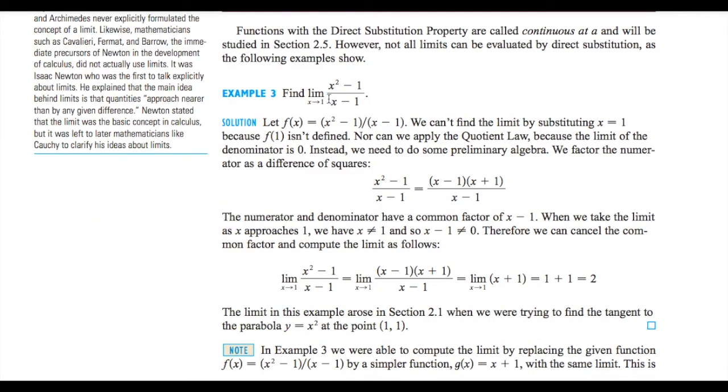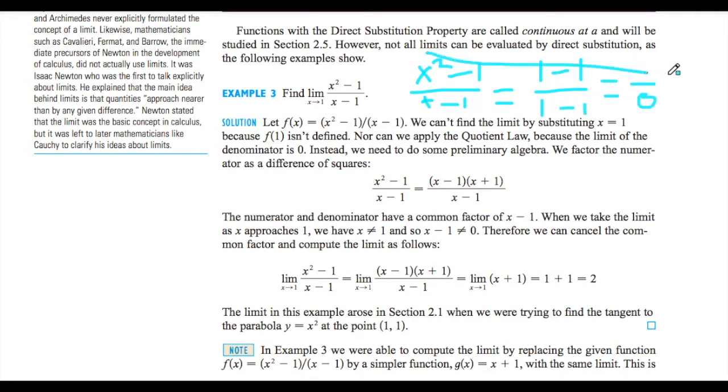You can see here it doesn't work because 1 minus 1 is 0. So you can't necessarily solve it. So x squared minus 1 over x minus 1. If I plugged in 1 right away, so 1 minus 1 and then 1 minus 1, well, the denominator is 0, so I can't do this.